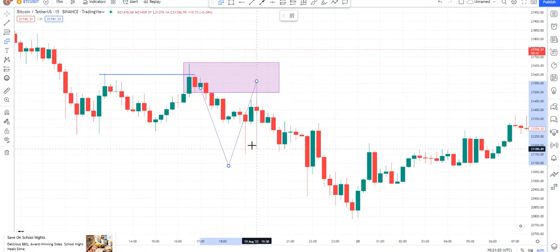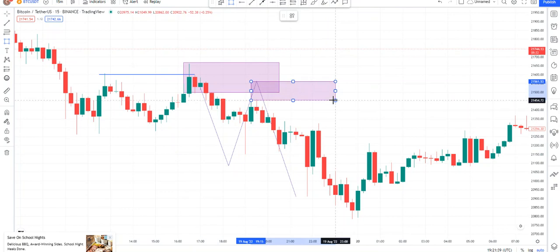So if I say this candle was mitigated by another candle here, that means that the second candle came into that candle's area and touched it. So an imaginary candle is here, and this imaginary candle mitigated this one.